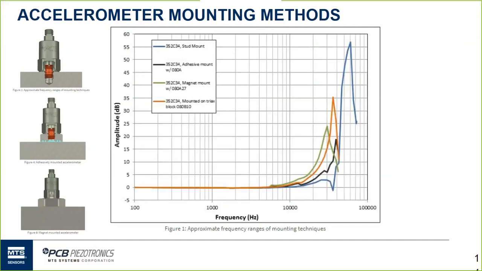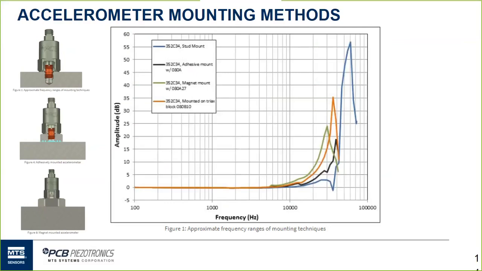Hence, it allows you to get out to extended frequencies. And that's represented by the chart to the right. Taking a look at the 352C34 stud mount, we've got frequency response characteristics well beyond the capability of most accelerometers.